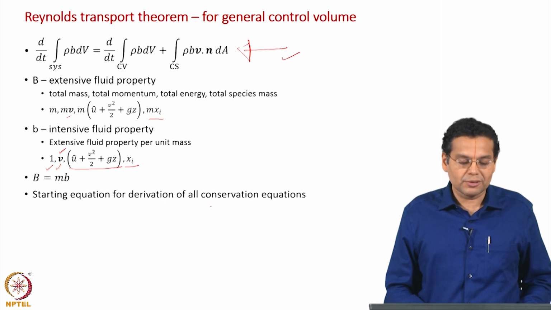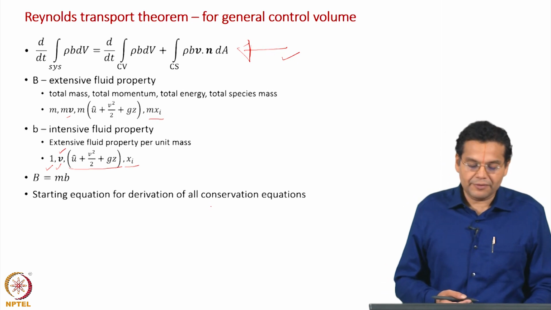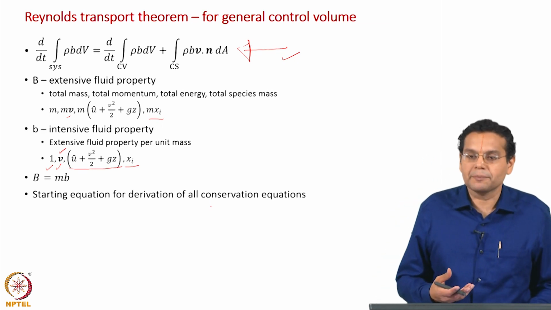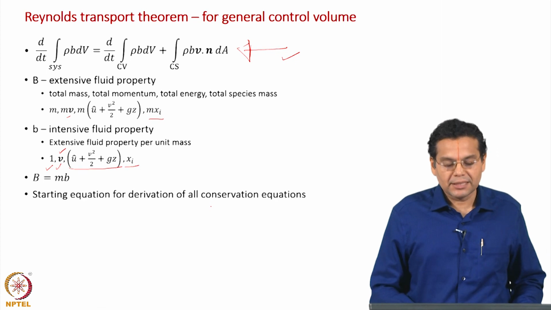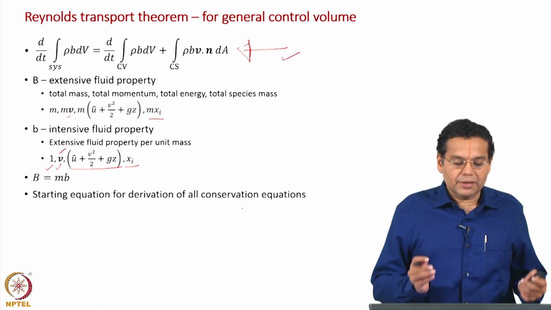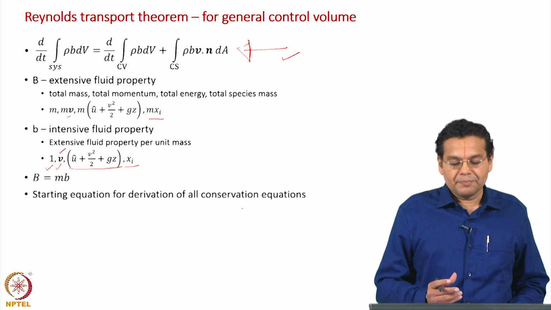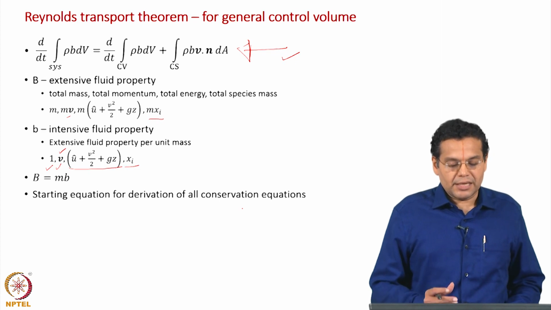So, the look of it looks a little scary, but you will see that we will simplify them when we come to applications. We will apply this for deriving the conservation equation for mass, momentum, energy and species mass, and when we apply, we will simplify that and it becomes very easy for application.